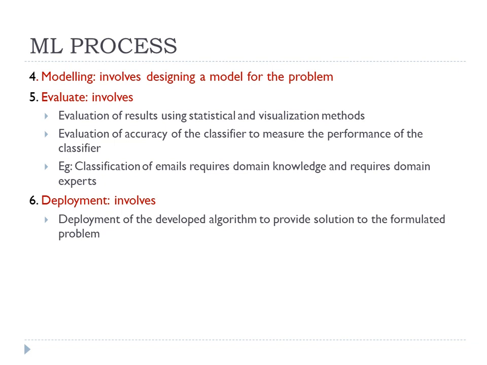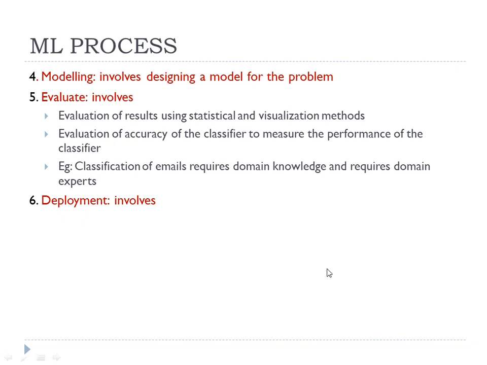Suppose there is a problem in the evaluation, definitely that's going to happen. You will always evaluate, you will see there is a problem, you have to go back to your algorithm, make the corrections and come back and evaluate again. It's like a feedback mechanism where you go back and come back and keep working until you get the best result. Once you get the best result, you deploy your algorithm to provide a solution to the problem.